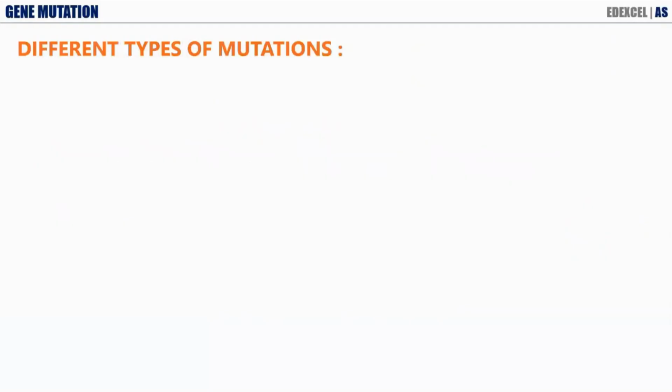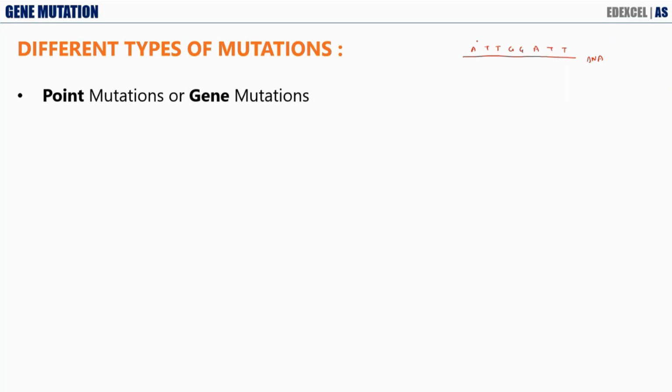Now let's talk about the different types of mutations. As already discussed, some mutations only occur on the gene itself. Let's say we have the DNA, and on the DNA we have certain sequences, ATT, C, G, whatever. All these triplets code for an amino acid.